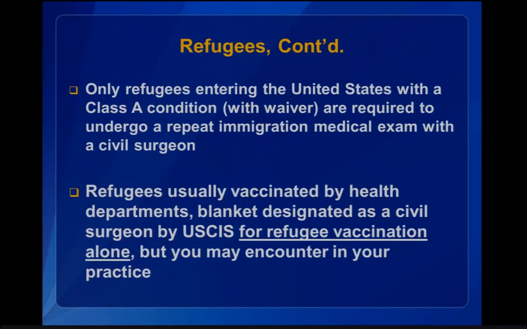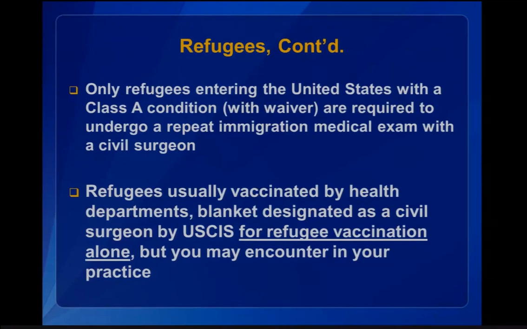But refugees, we have a notification system set up. When refugees come in, we notify the health department near where they're going to reside, and then they have assistance of some way or another, even if it's just a notification, to come in to the health department and get more testing done, and they can be vaccinated.